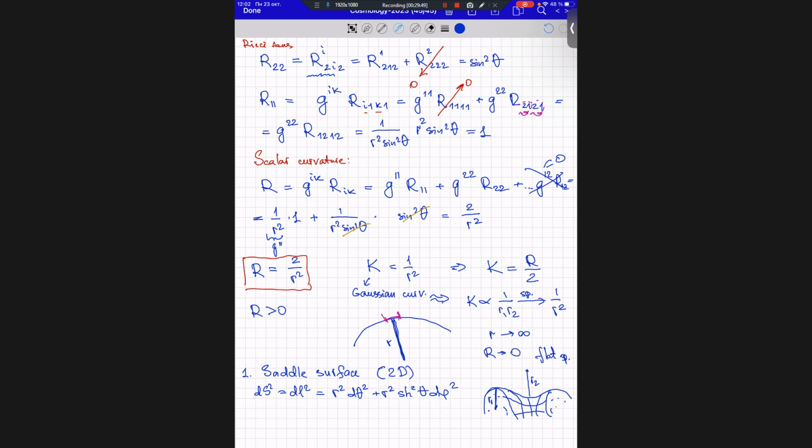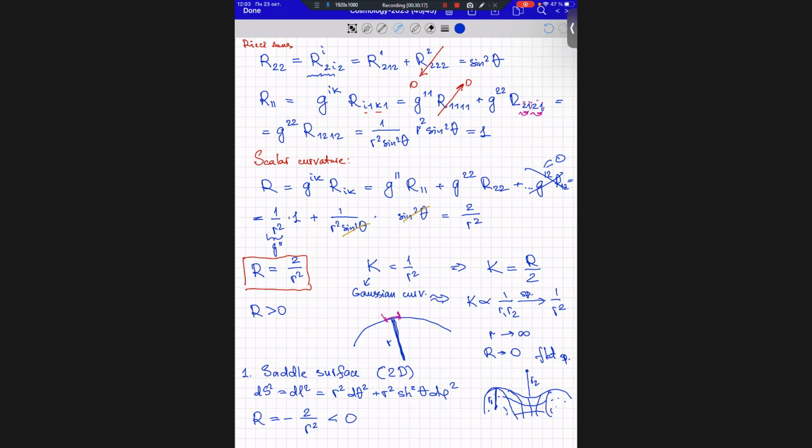It's already understandable that these radii are allocated on different sides of the surface. For this case, the curvature you need to obtain, I will give as the final result: it will be the same 2 divided by r square, but with a minus. So in this case the curvature is negative.